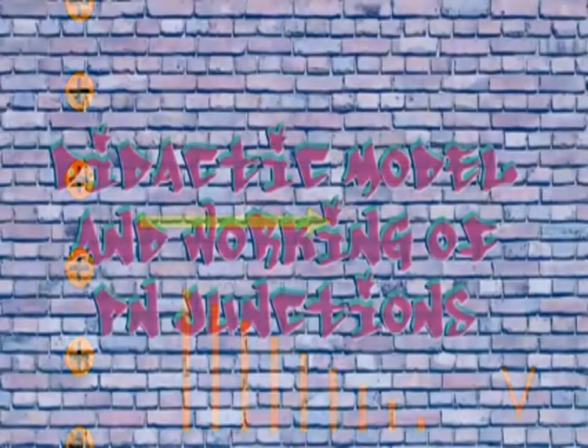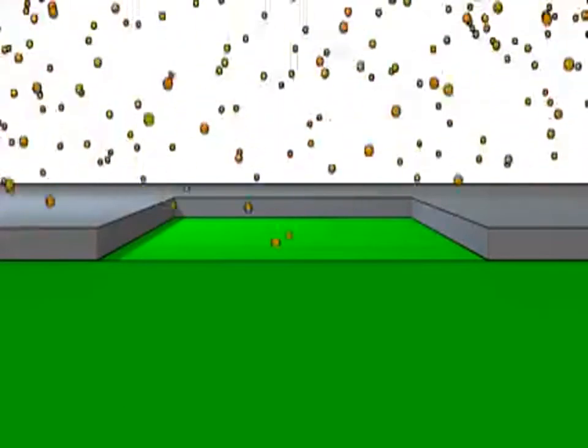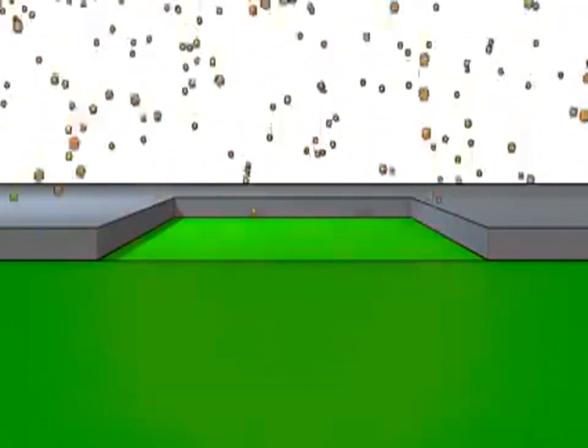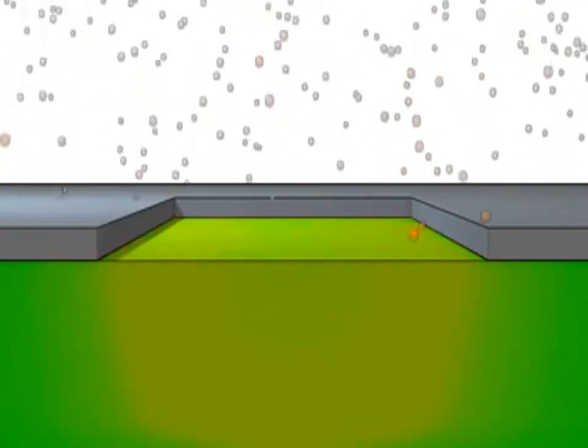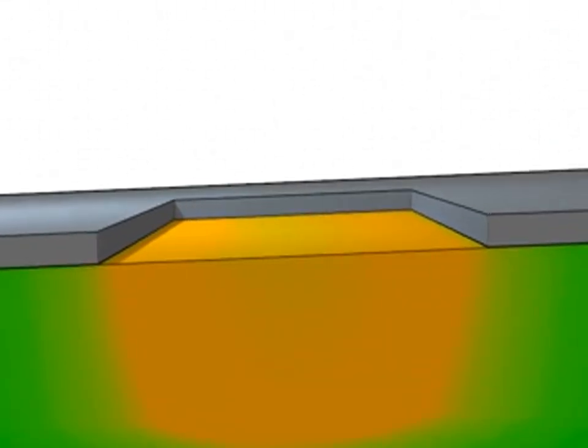Now we take the animation of the whole thing and we just make a summary of it. The process of fabricating a p-n junction begins with an n-type or p-type doped semiconductor, into which the opposite type of impurity is introduced.